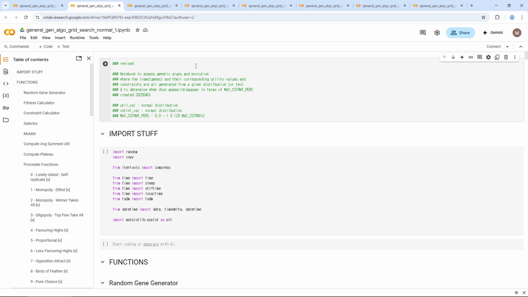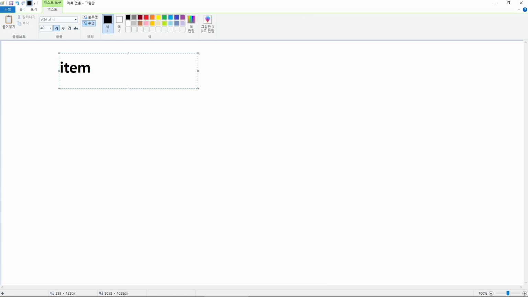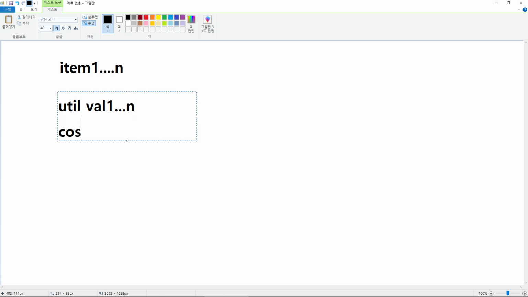So the first one is, let me get that paint, and it's the same in this. What I did in these notebooks is that I would generate a number of items, from 1 to n, and I would generate the utility values, val 1 to n, and constraint values 1 to n.